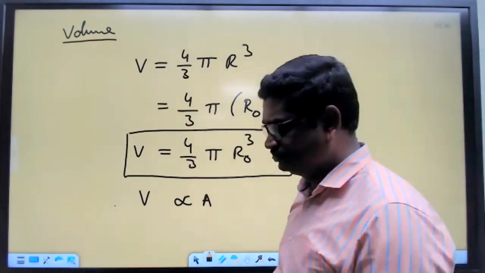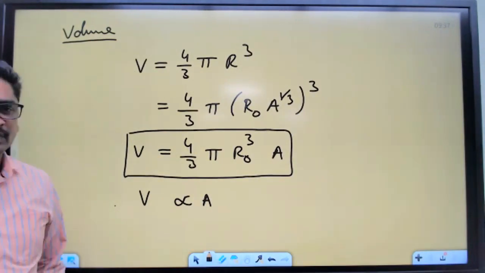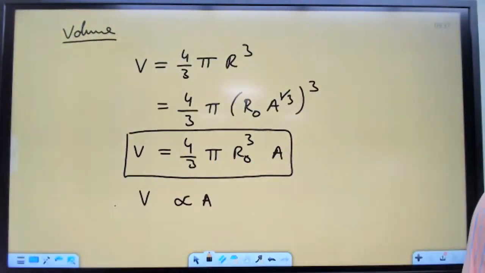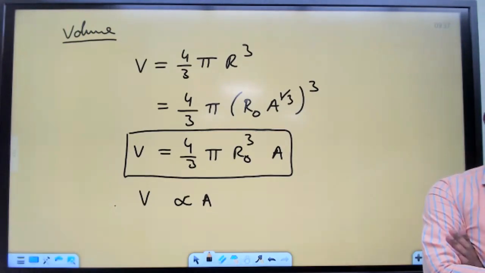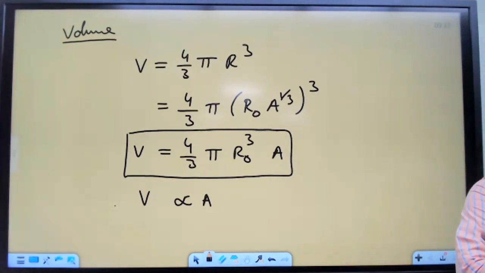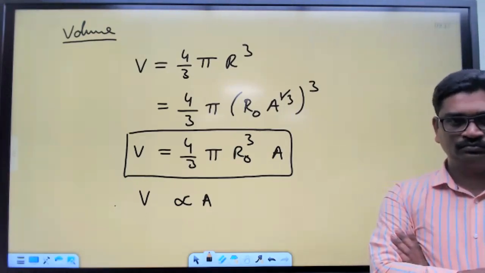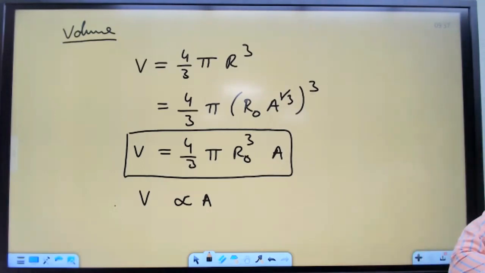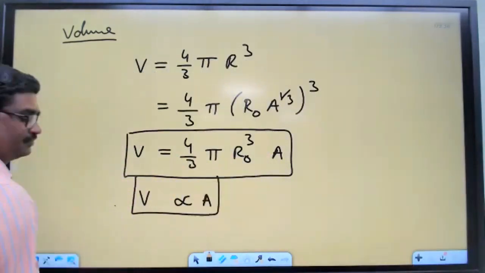Volume V equal to 4 by 3 pi r cube. Volume is directly proportional to mass number A.